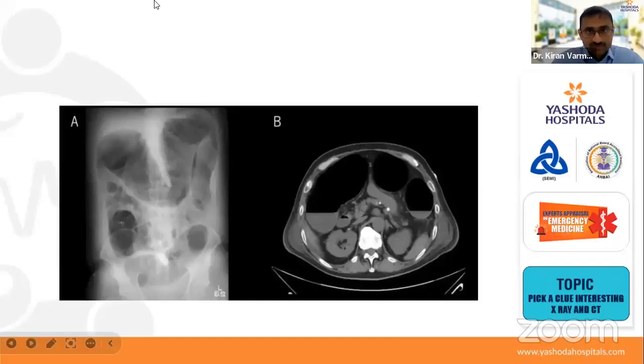So what do you think? Toxic megacolon, mesenteric ischemia. Large colon dilated, very good. So this is nothing but toxic megacolon.